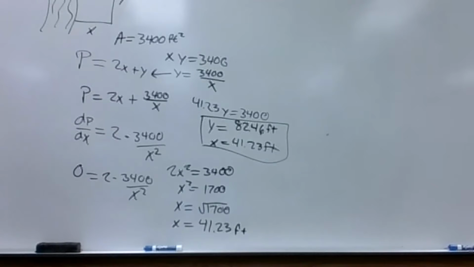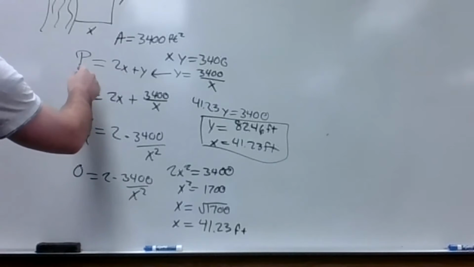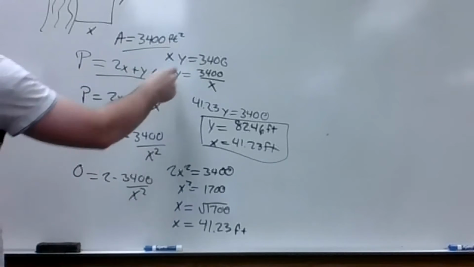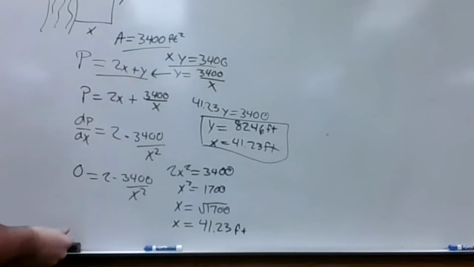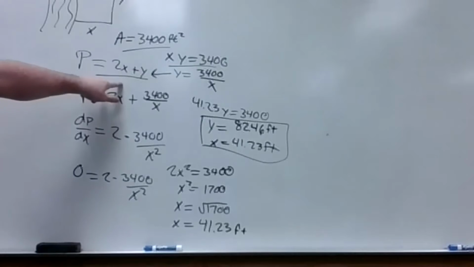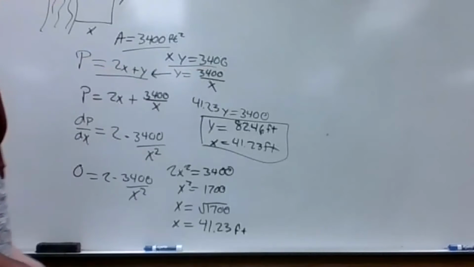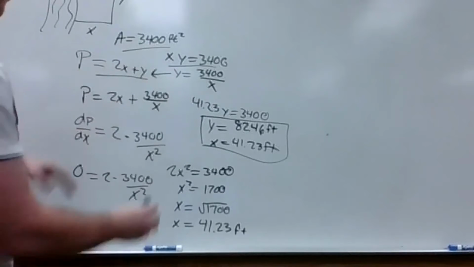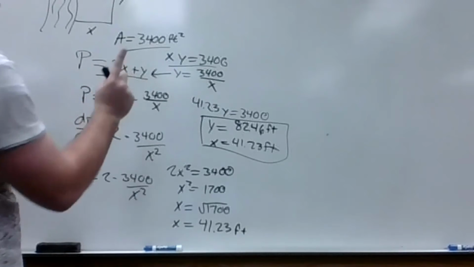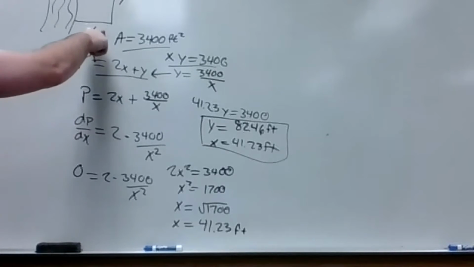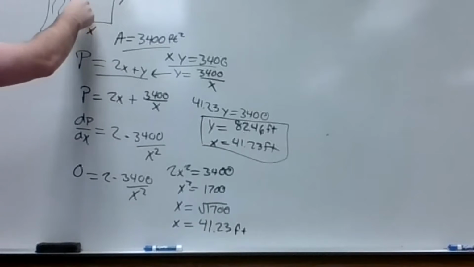The important thing is being able to identify the two equations you're going to use, because you're pretty much always going to use two. So this one we had our perimeter equation, and then we had our area equation. And then we use those to simplify to just one equation. So we have two variables, we need two equations. Something that's also very helpful when we're doing stuff like this is to always draw a picture.